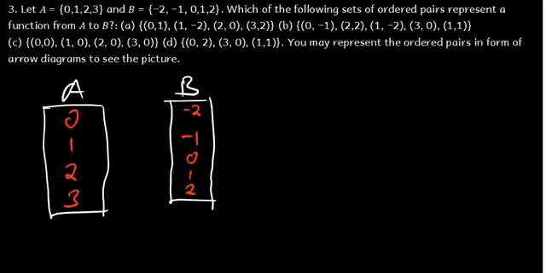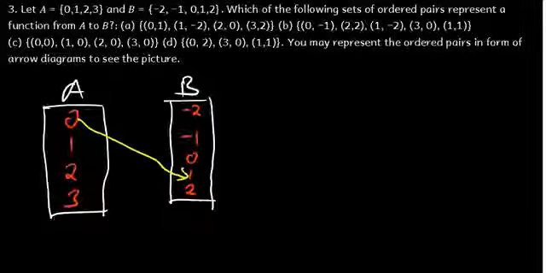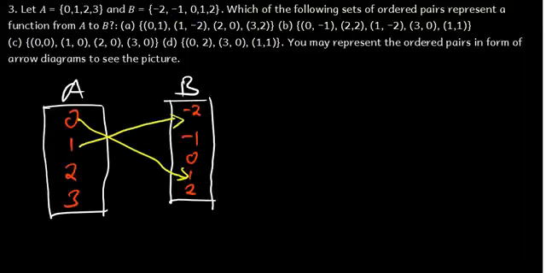So 0 here all the way to 1. Next is 1 and negative 2. So 1 here all the way to negative 2. Next is 2 comma 0. Okay, let me redo that one. 2 comma 0 is here. Next is 3 comma 2, 3 all the way to 2.